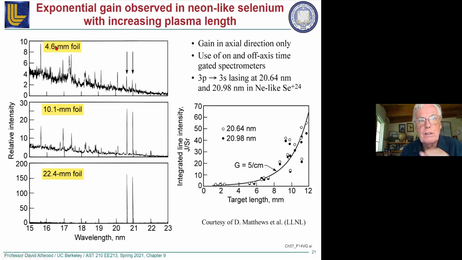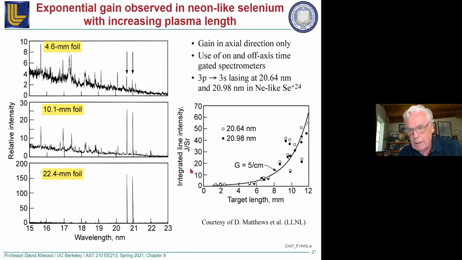But as the thin foil gets longer in the axial direction, 2 lines start popping up. And when they get to almost an inch long foil, the only thing you see is those 2 lines.